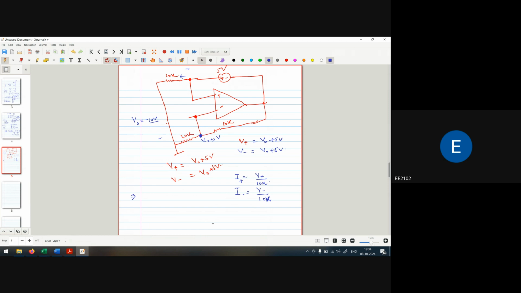So we have V minus upon 10K plus V minus minus V naught upon 10K, and both sum to 0.